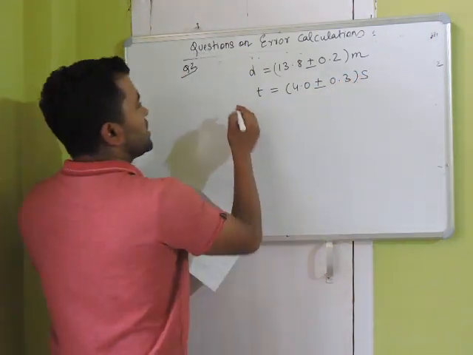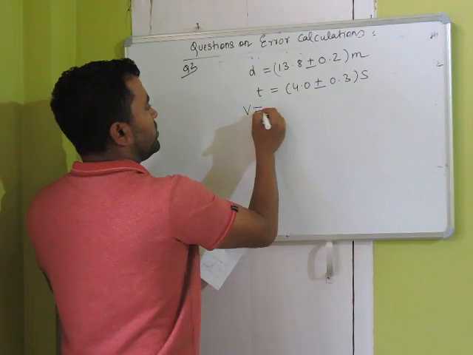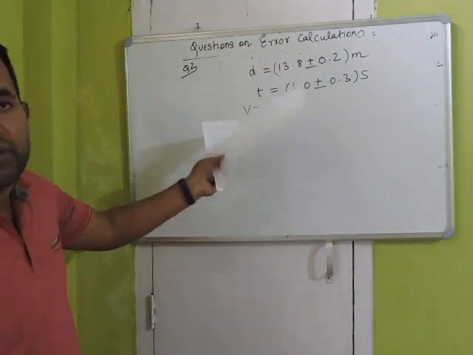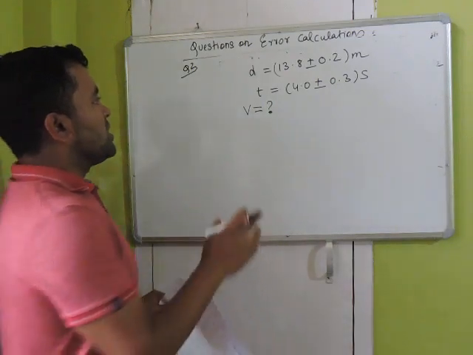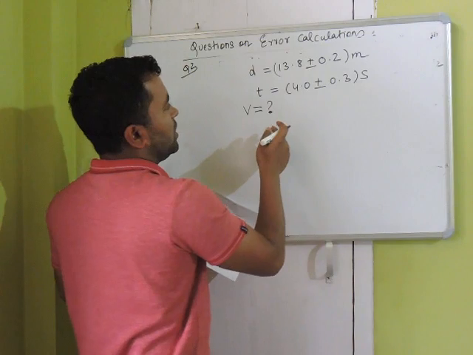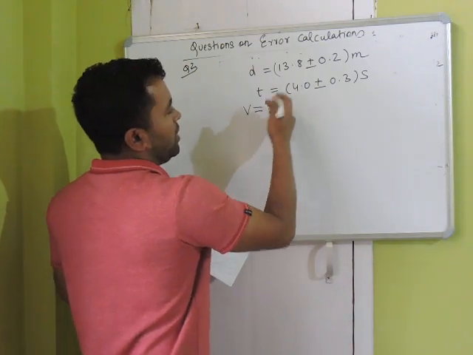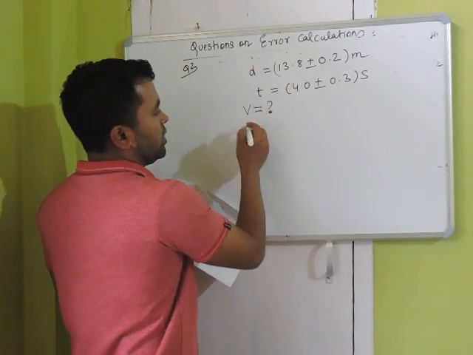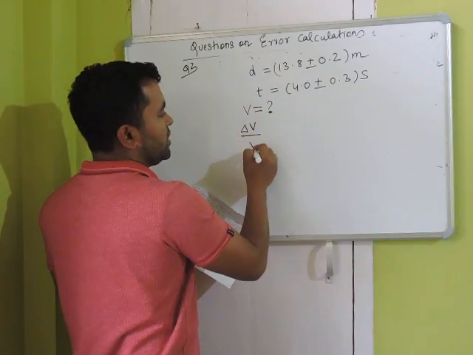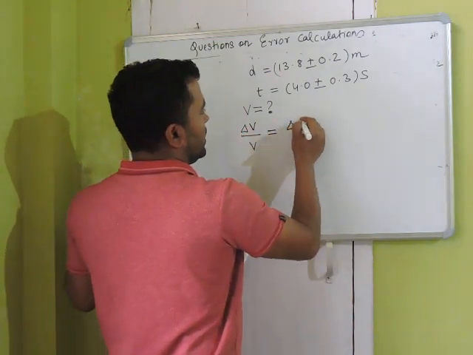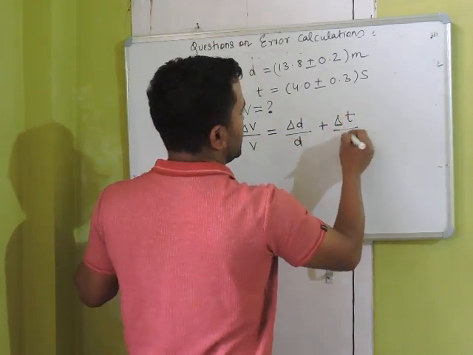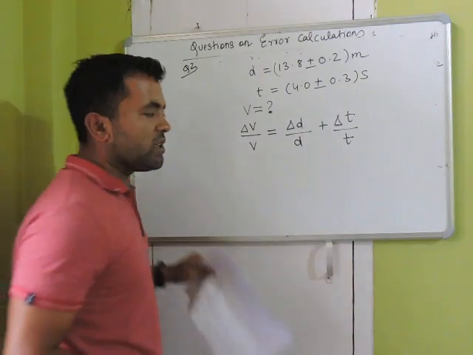Now the question is, calculate the speed V. So speed is distance by time, which is nothing but a division, right? So delta V by V will be delta D by D plus delta T by T. This is the rule for division.